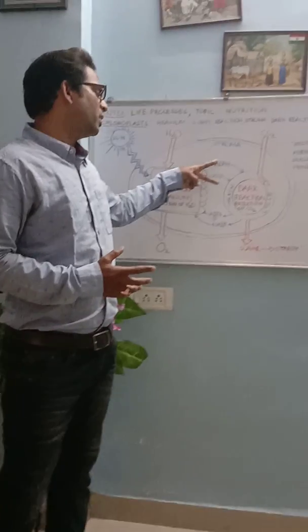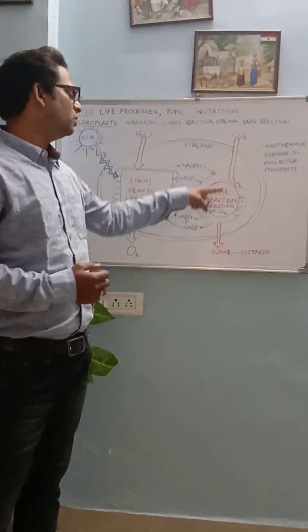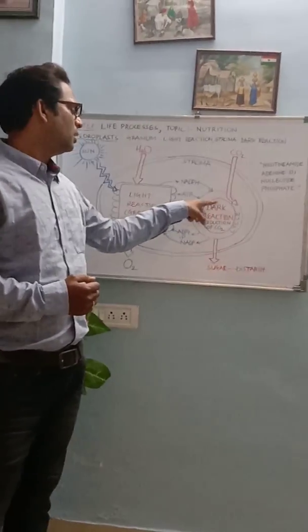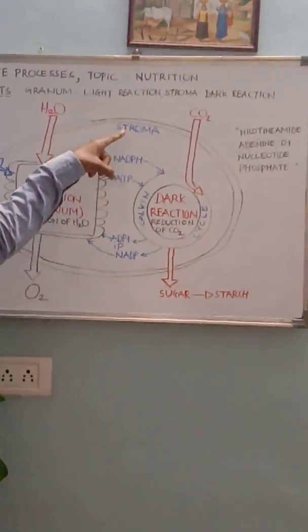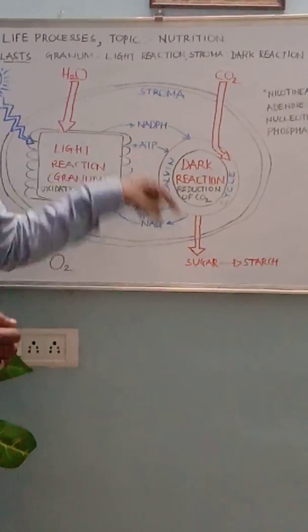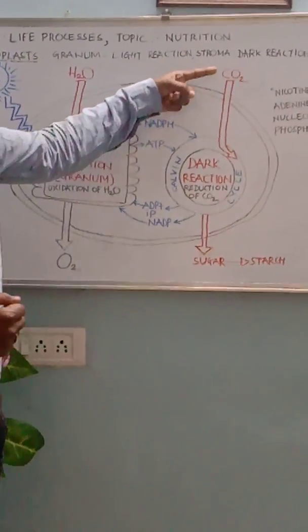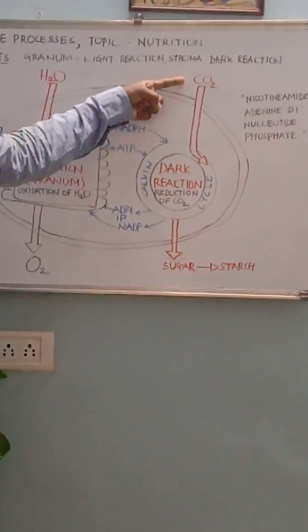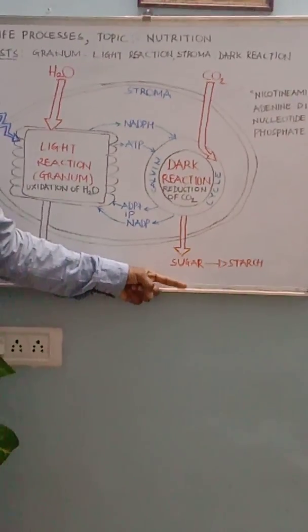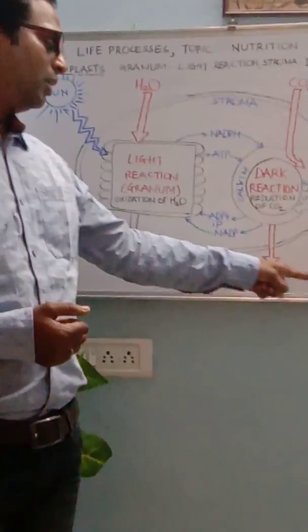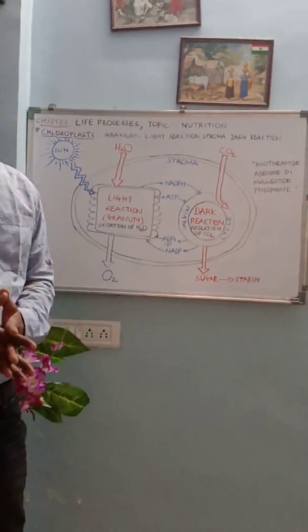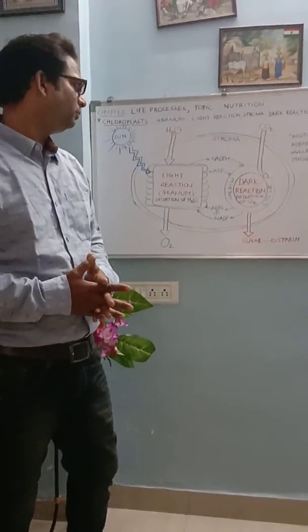Now these two energies are used during dark reaction inside the stroma. Why and how they are used is obviously for reduction of carbon dioxide into carbohydrates, that is sugar in the beginning, which is later on converted into a complex form which we call starch.